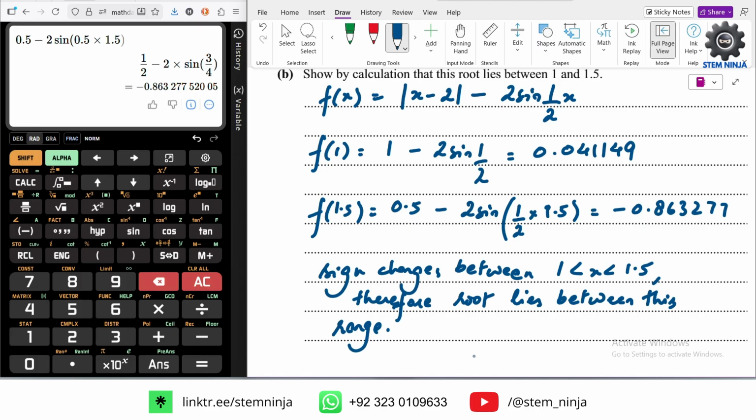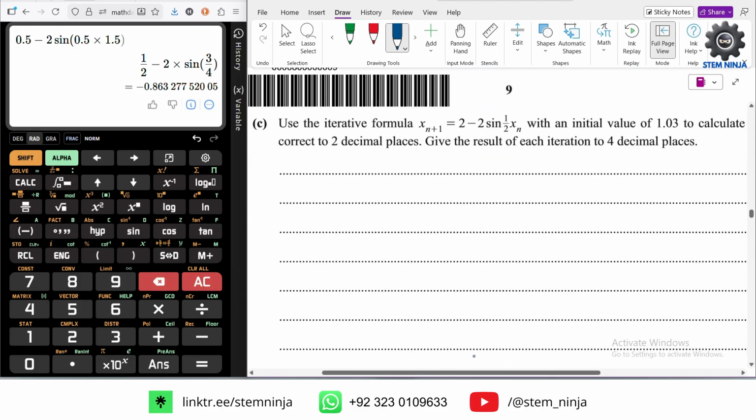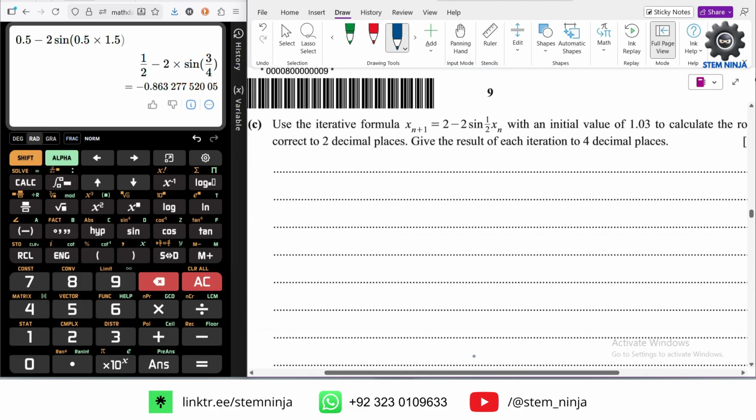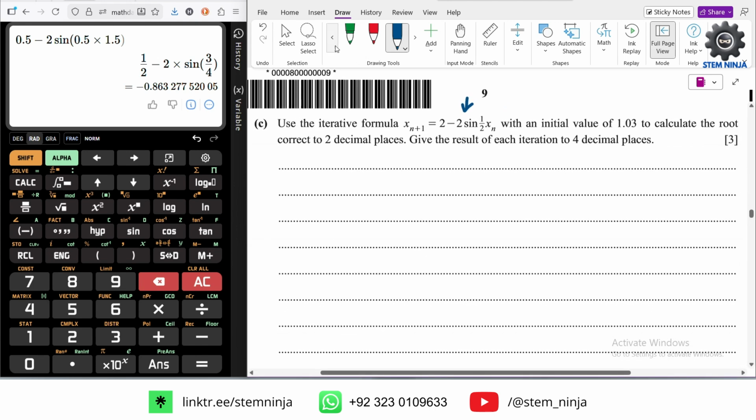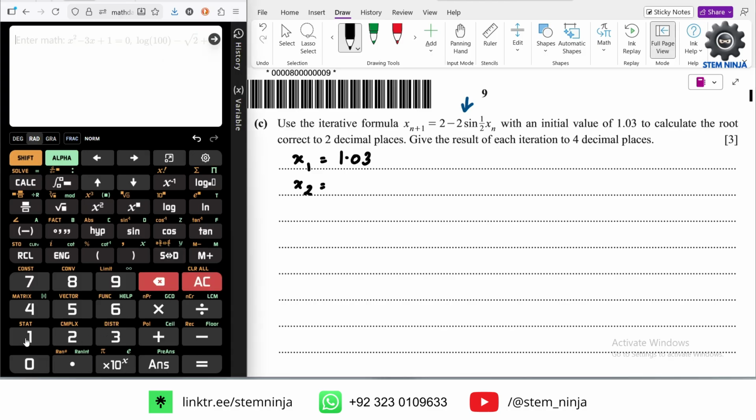Okay. Use the iterative formula x n plus 1 equals 2 minus 2 sine half of x with initial value of 1.03 to calculate the root correct to 2 decimal places. Okay. So first off, we need x1 to be 1.03. So first off, 1.03 we will save in the calculator.